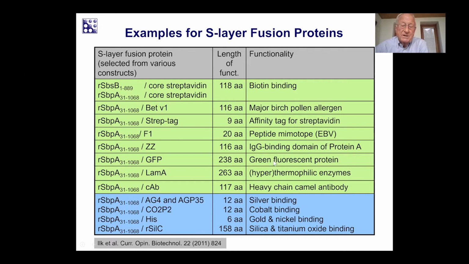These are quite large moieties, but they still easily crystallize. Then different enzymes, I just show the example of the thermophilic enzyme. And the interesting aspect, we can also fuse the heavy chains from camel antibodies.